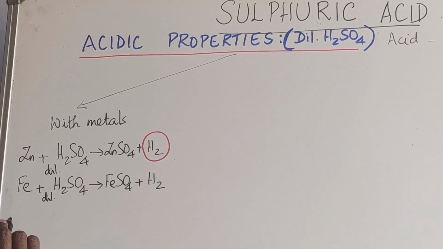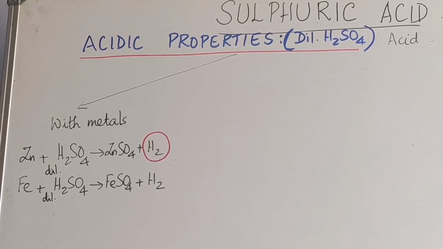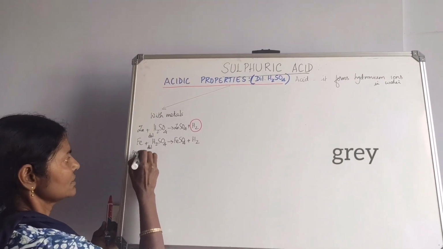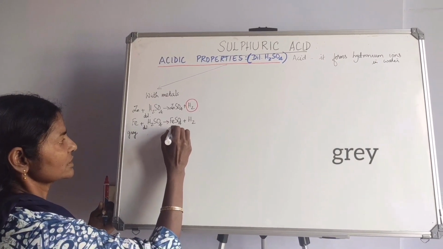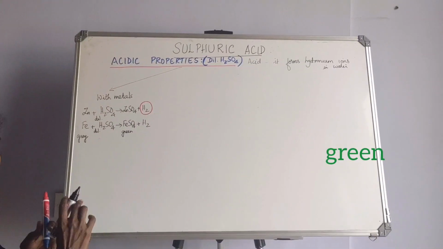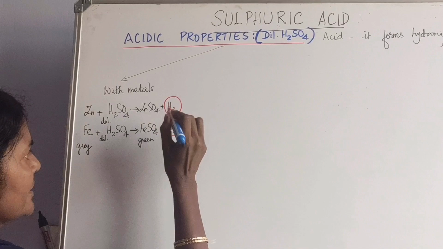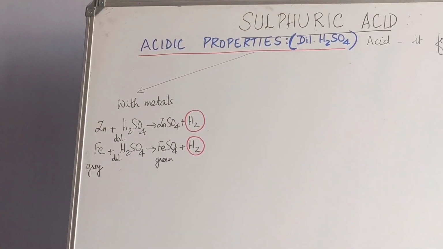This iron, even if we have iron nails, okay, it's grayish in color, this changes into a green colored solution. So there is a change of color here, and here also hydrogen is liberated with metals.